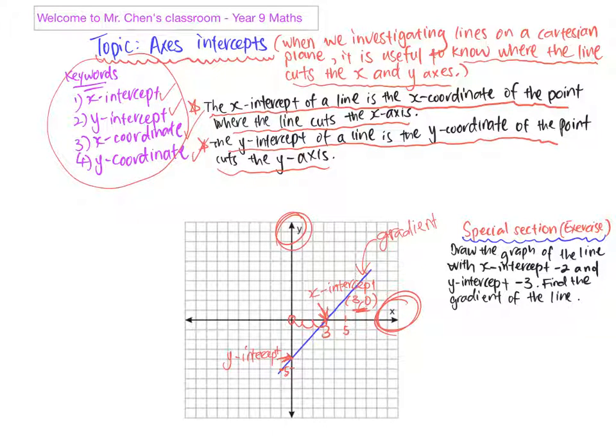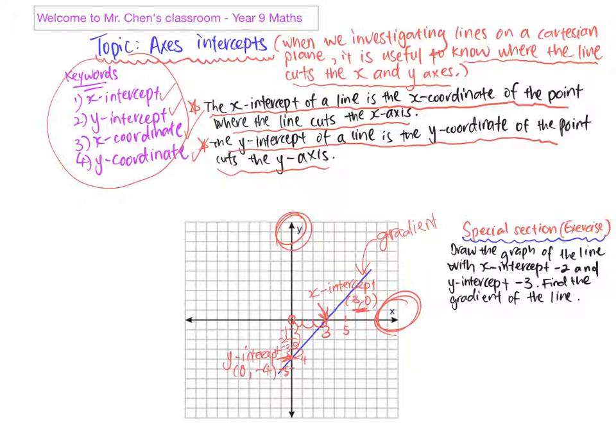For the y-intercept we have -1, -2, -3, -4. That's -4. So it is actually 0 and -4, because on the x-axis it did not go either way. It stayed at the origin, which is 0, and it went down 4 times, 1, 2, 3, 4, which is -4.